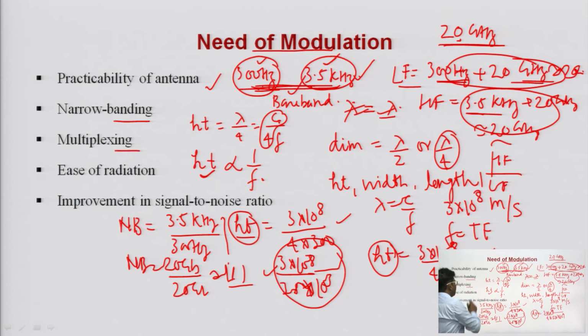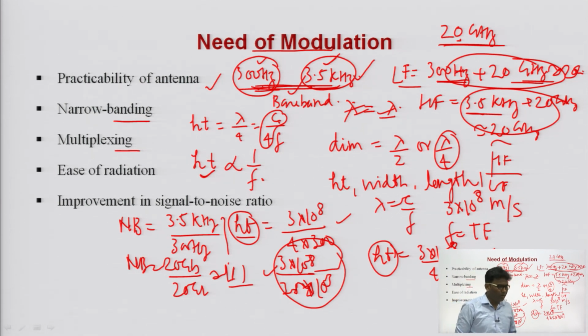Now, multiplexing. If I transmit my baseband signal without modulation, what will happen? Suppose, for example, I ask a question in my class and all the students simultaneously try to give the answer.